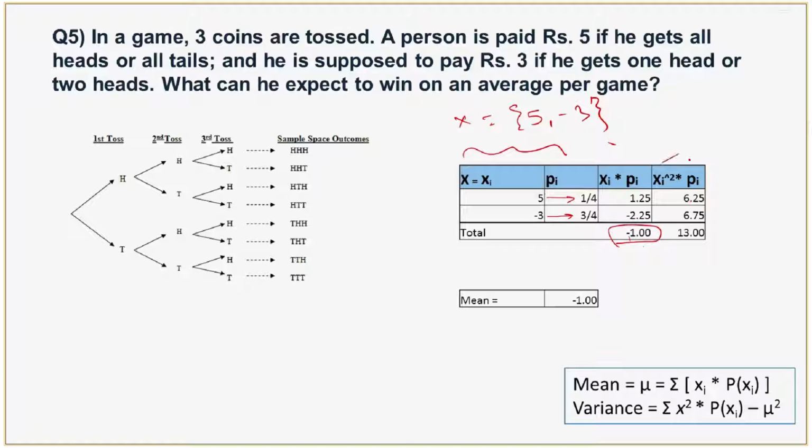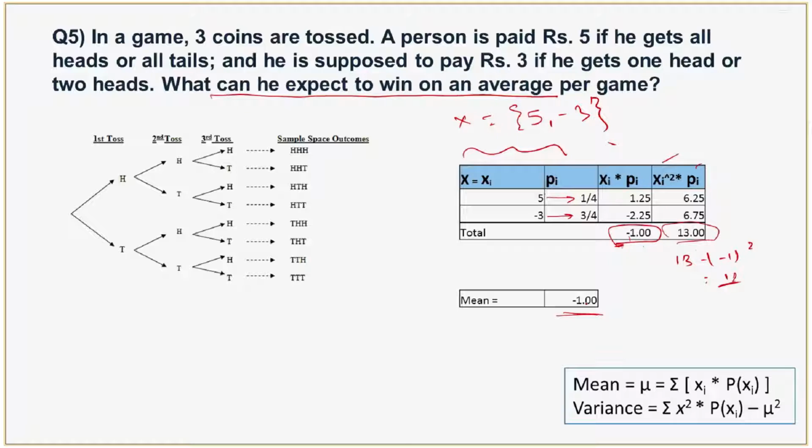Take the square of the random variable, multiply it with the probability, add it up to get the value of xi square into pi, and then you'll have to subtract the square of the mean to get the variance. But anyways, variance is not required here. All we have to find is what the person can expect to win on an average. So on an average he can expect to win the mean value, that is coming out to be -1.